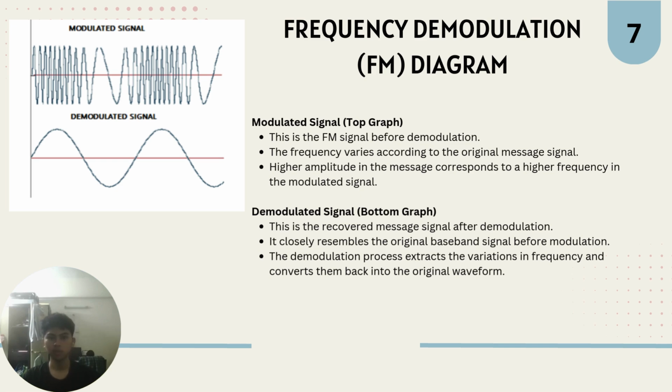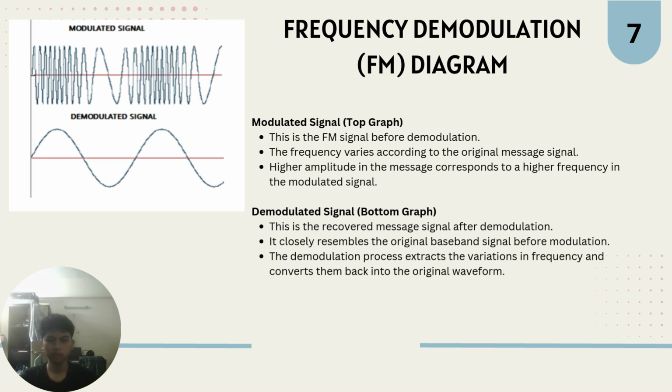FM demodulation is widely used in FM radio and communication devices. The diagram shows the process visually. The top graph is the modulated FM signal, where the frequency changes based on the original signal. And the bottom graph is the recovered message signal, similar to the one in slide 6.